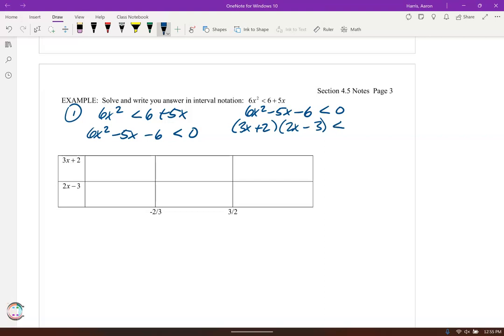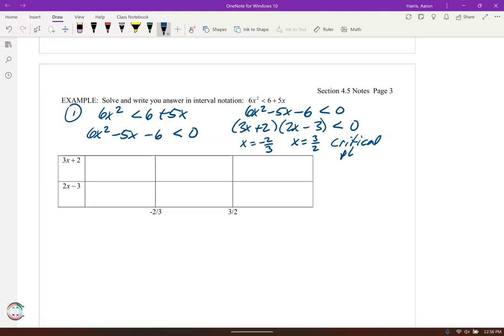There we go. 6x squared minus 9x plus 4x minus 6. There we go. Okay, so my critical points, I'm imagining this equaling 0, right? So minus 2 divided by 3, and 3 divided by 2. So I got negative 2/3 from that one, and I got a positive 3/2 from that one. These are my critical points, my zeros.